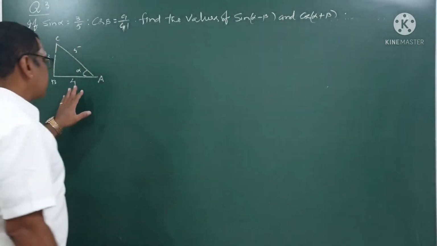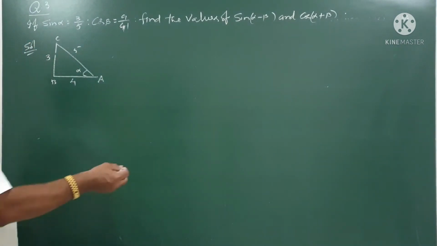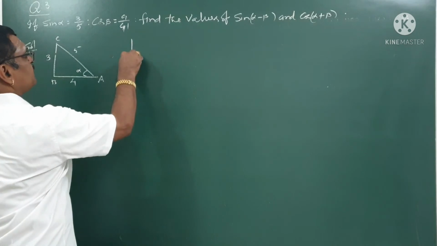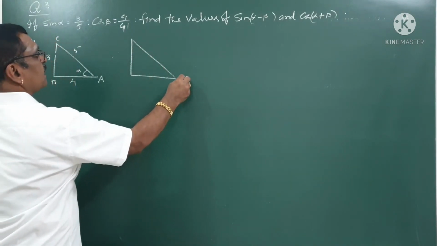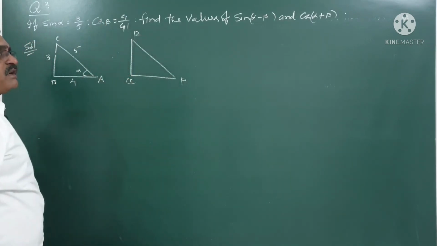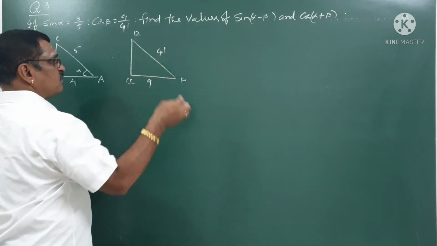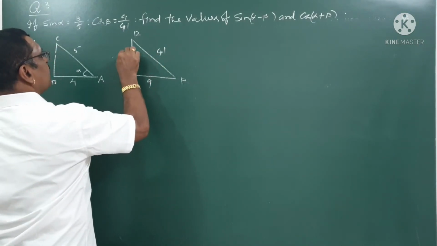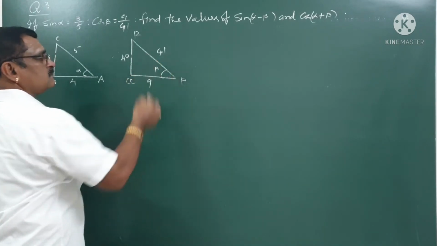So using the Baudhayana theorem, I will get the 4. Of course, different formats. Next one, similarly for the second one also, I will draw one more right angle triangle. I will call it PQR. Here 9 by 41 is given. Of course, this is 9 and this is 41. By using the Baudhayana theorem, I will get this as 40. And this angle is equal to beta.